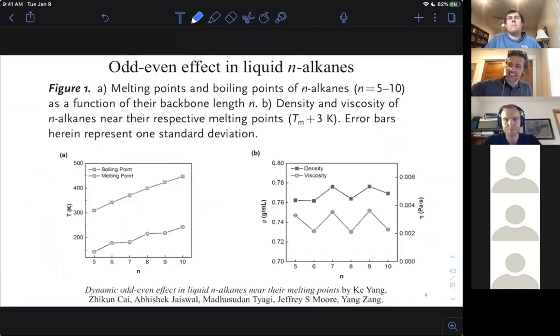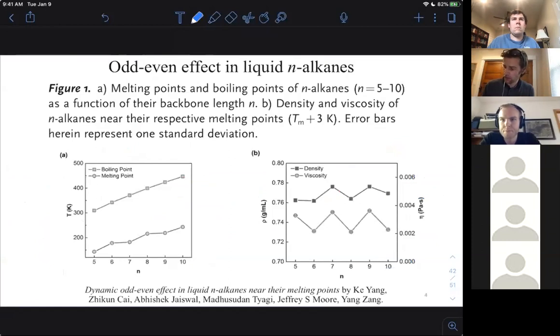Let me try to describe some of the interesting chemistry that we might try to explore, though I'm not a chemist. So there's an odd-even effect in the alkanes, meaning as I go from an odd number of carbons to an even number of carbons, you see an odd-even effect in things like the melting point or the boiling point. So I guess the boiling point does not have this odd-even effect.